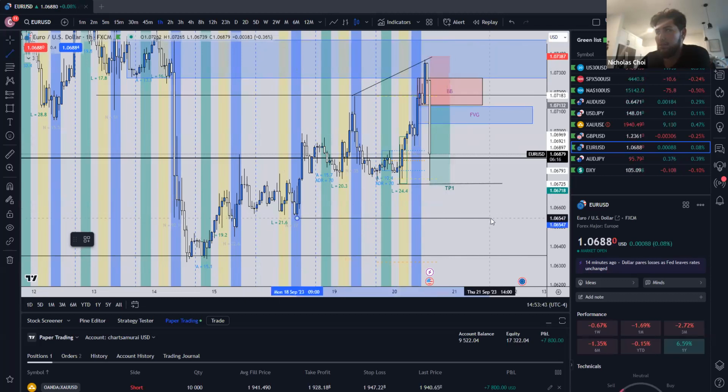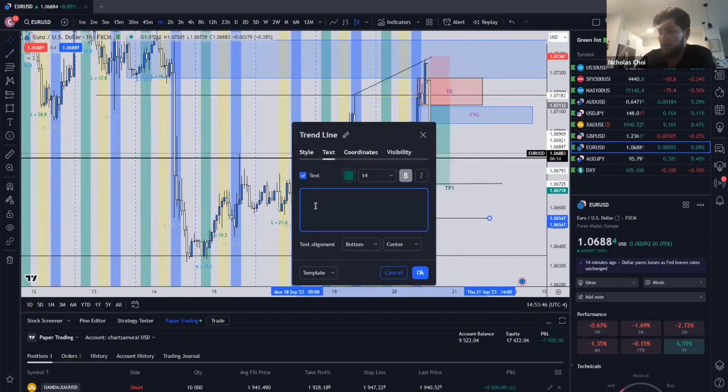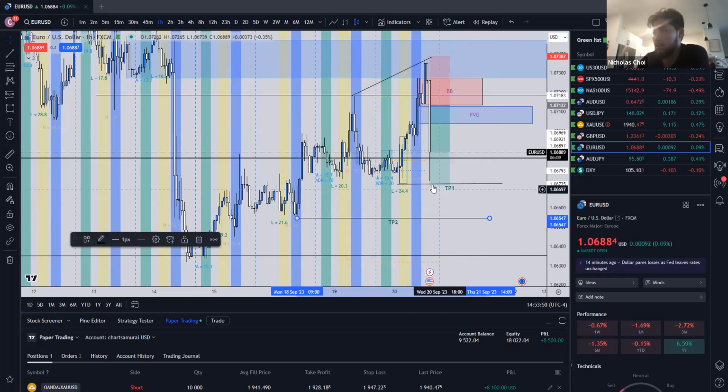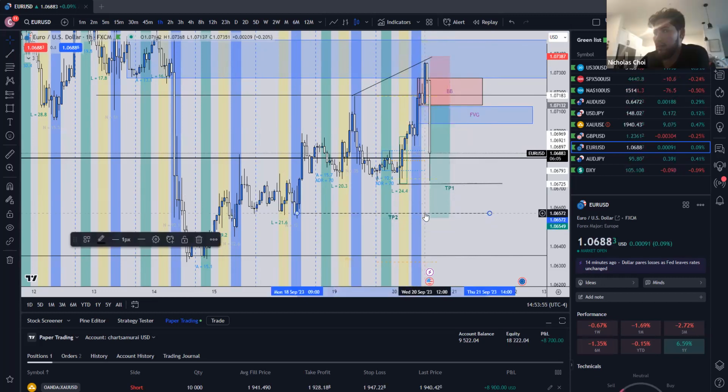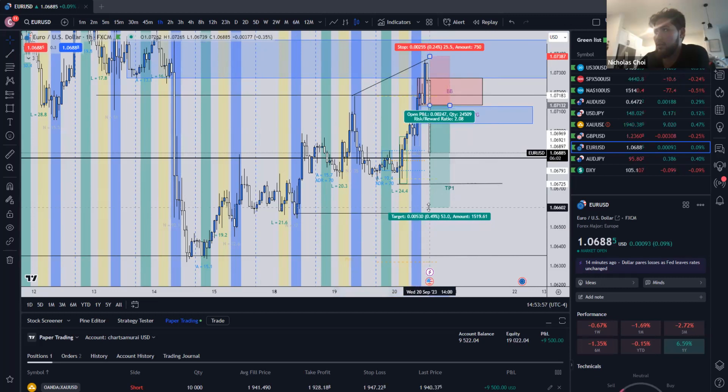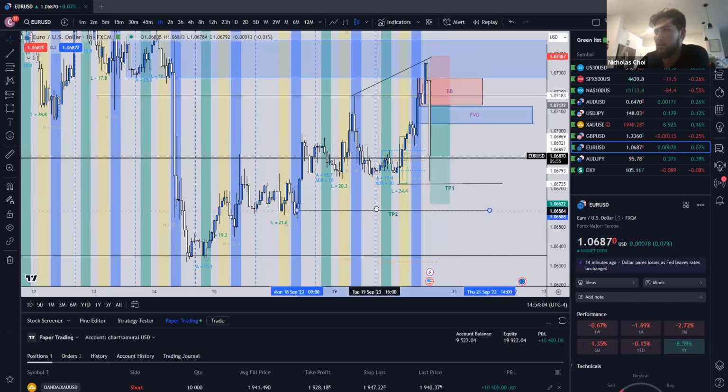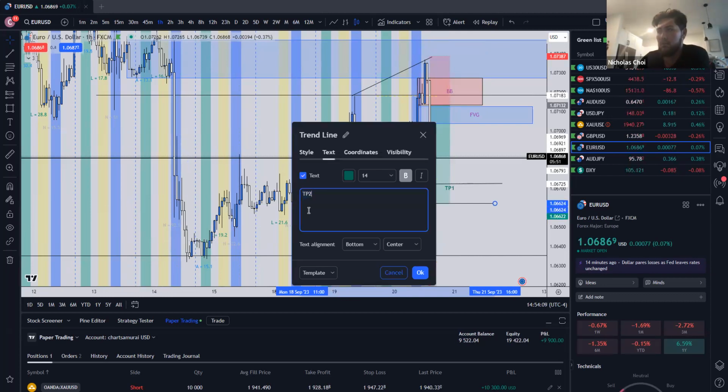We can go TP2. I'm gonna make TP2 the 1 to 2 risk to reward. I like this template. I'm gonna save it.